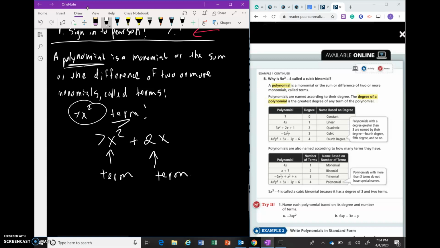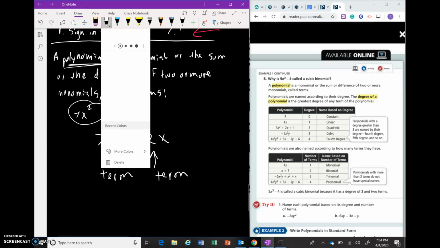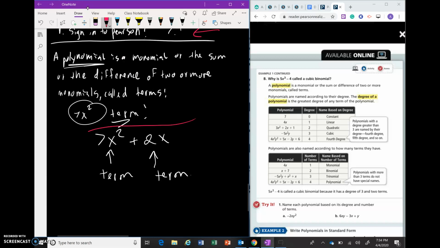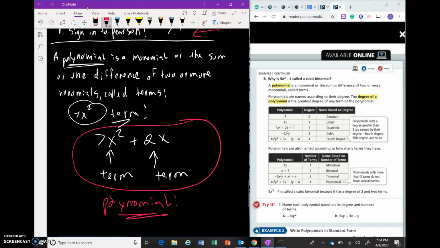So we have a total of two terms, but this whole entire thing here would be a polynomial. Again, a polynomial is the sum or the difference of two or more monomials.